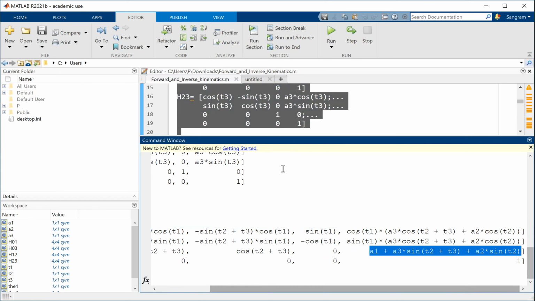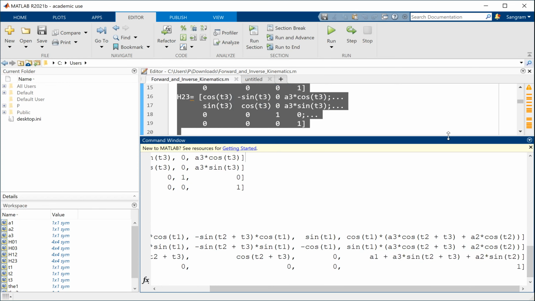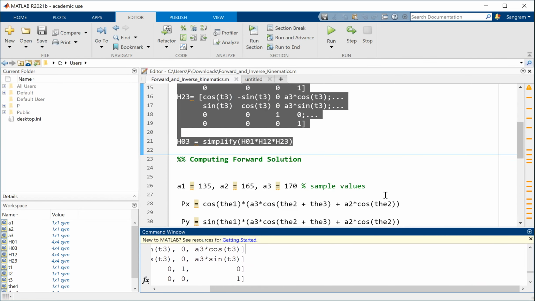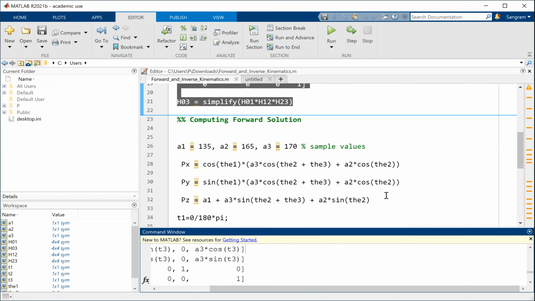So now what I want to do is try to solve this numerically, in the sense that I want to compute. And this exercise is very important, because here is what I'm going to do. I'm going to give some values of link lengths for the robot. For example, A1 is 135, A2 is 165, and A3 is 170.